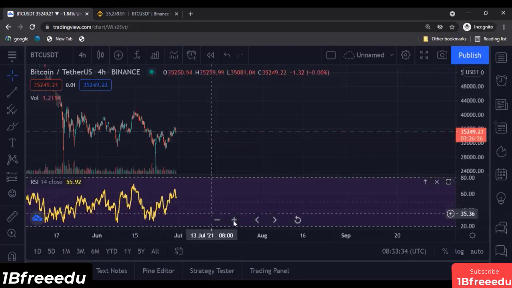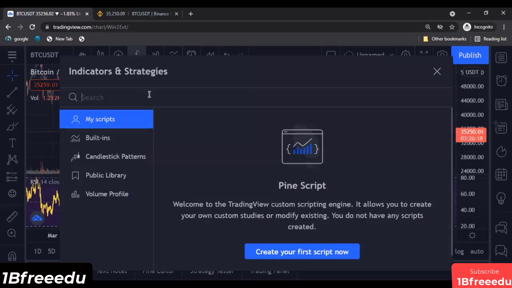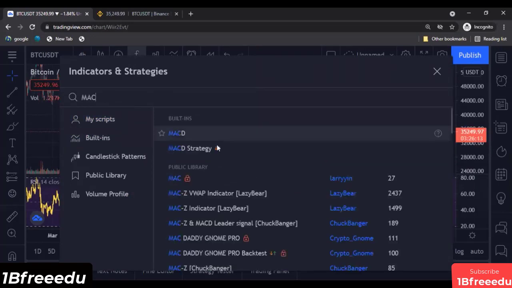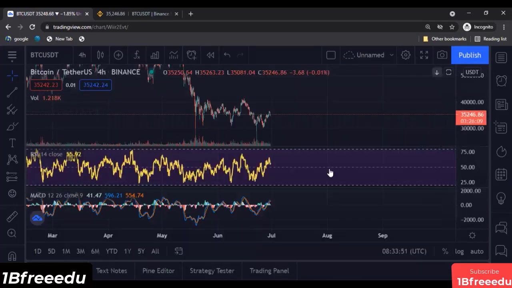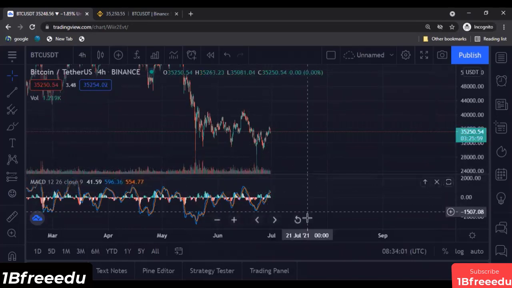So you would need to take a higher time frame, which is 4 hours. And if you want to add that, you basically go to here and then add MACD. So here, the first option, you will click here and the MACD would be added. For now, obviously during trading you would need RSI as well, but for now we don't need it, so we will just cancel it out so that we can focus.